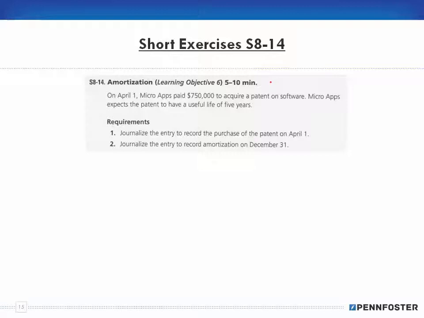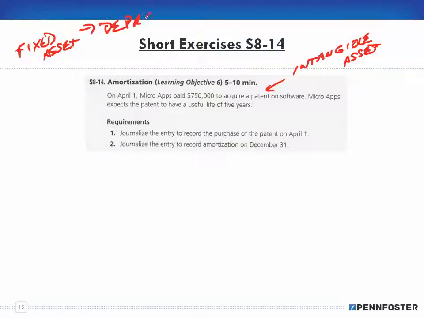Okay, so remember, patents are an intangible asset. And when it comes to intangible assets, instead of depreciating like fixed assets, we depreciate, whereas with intangible assets, we amortize.